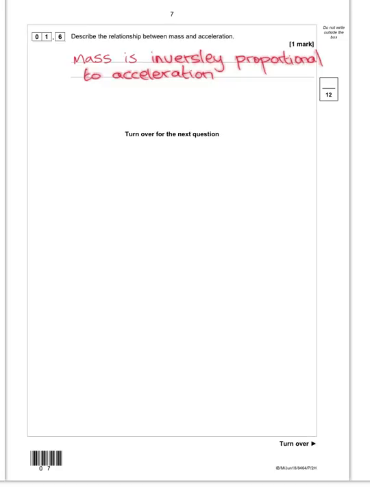But like I say, it does allow you to write as mass increases, acceleration decreases. So if you're not sure, write that as a backup, but try and get practice at spotting inversely proportional relationships.